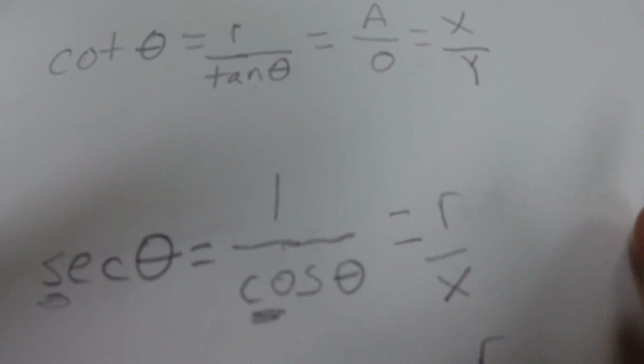So secant is the reciprocal of cosine, which we said is x over r. You flip it, so x over r now is r over x. And just for fun, the reciprocal of sine, which is y over r, is r over y. Now I check secant, and the statement says secant is r over y.